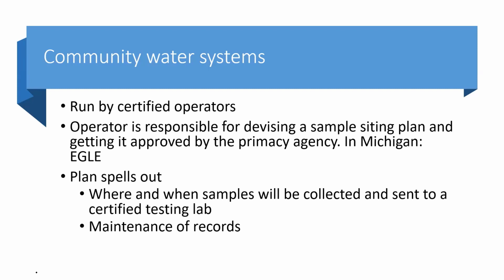The test varies, and the education and experience requirements vary depending on the type of certification they have. And the person that's in charge at the plant is referred to as the OIC, or the operator in charge.